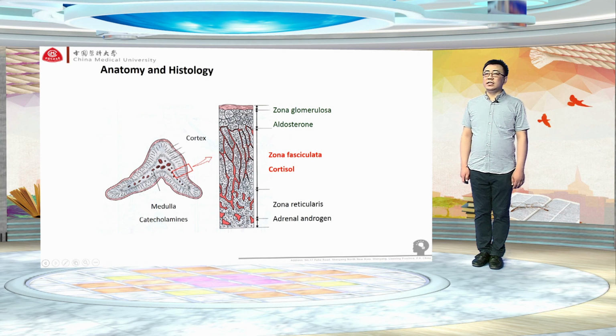The outer part is the zona glomerulosa, which secretes aldosterone, and the inner part is the zona reticularis, which secretes adrenal androgen. The middle part is the zona fasciculata, which secretes cortisol. Since Cushing syndrome is caused by overproduction of cortisol, the lesion is on the zona fasciculata.